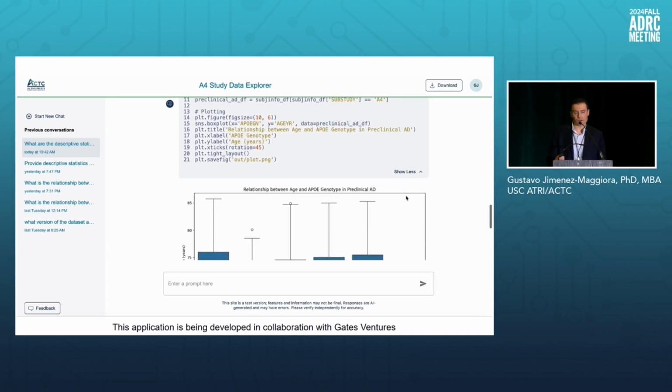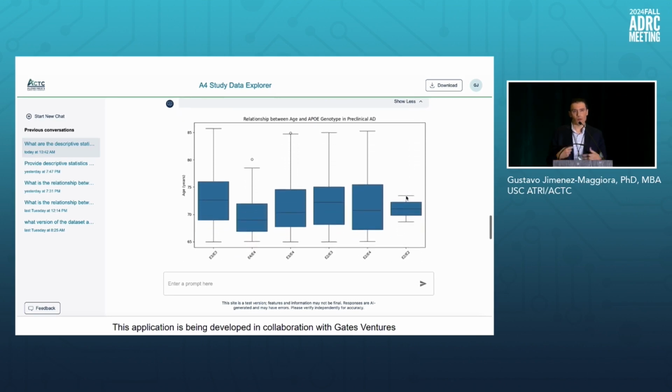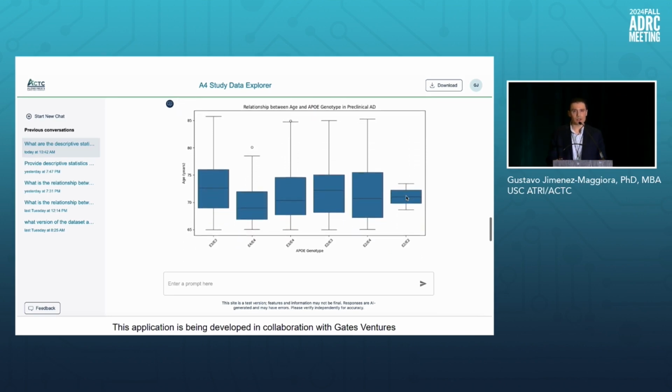And so again, what's interesting about this approach is that when the LLM responds, it responds with both code as well as the results of executing that code against the A4 data set. And so anyway, we're very interested in continuing to develop this approach. And I would be very interested if there are any of you who are interested in working with us to continue to develop this prototype.